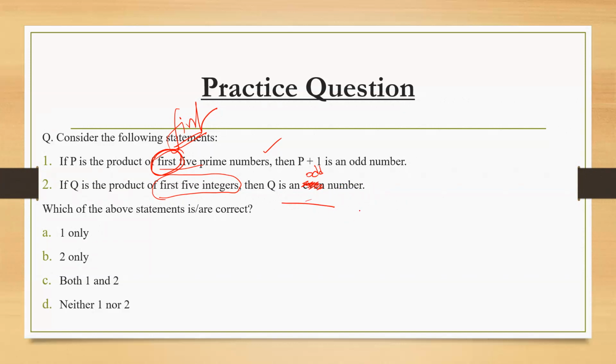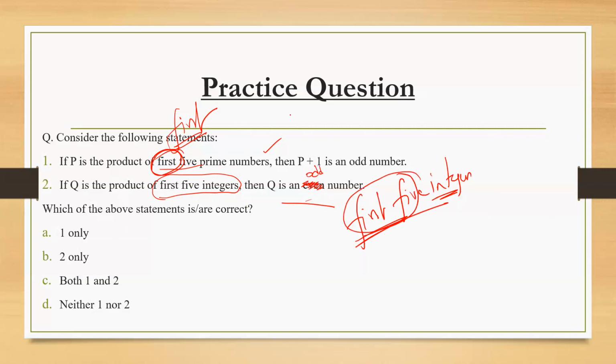That is, when we talk about first 5 integers, how do we know which are the first 5? It is not given first 5 positive integers. It is not given negative integers. So when we talk about first 5 integers, if I say first 5 prime numbers, fine, no problem there.